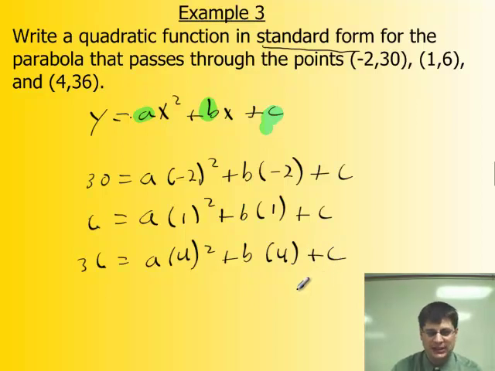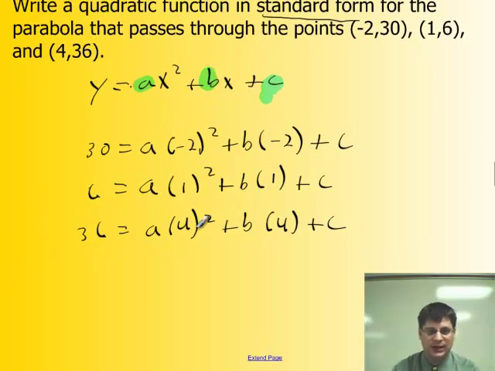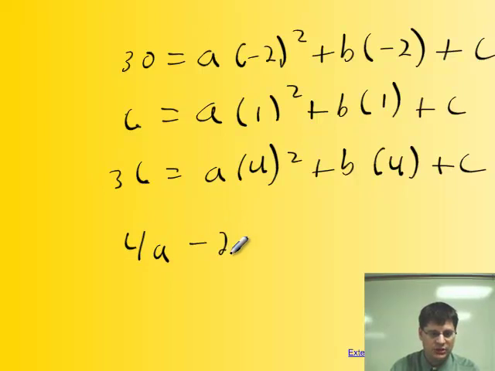So let's rewrite this so that it's a little bit easier to work with by putting our variables behind the constants or coefficients in this case. Let's put these terms first, and then we'll put our constant last. Negative 2 squared is going to be 4. So I'll rewrite the first as 4a minus 2b plus c equals 30.